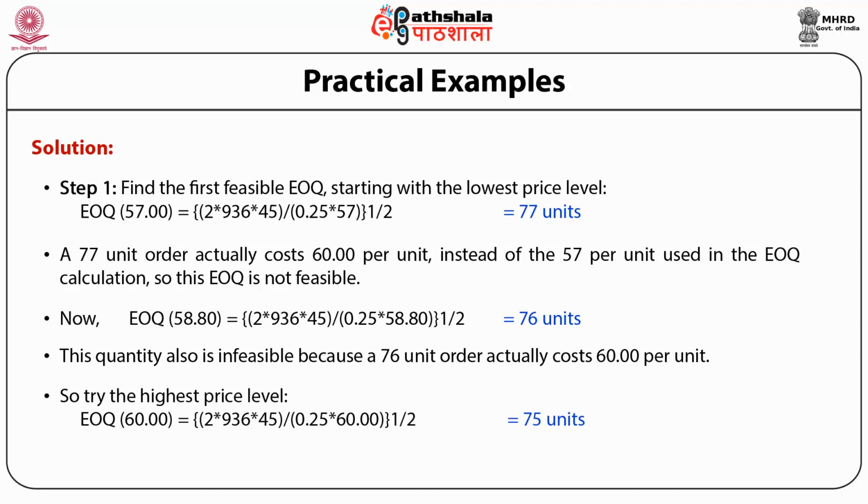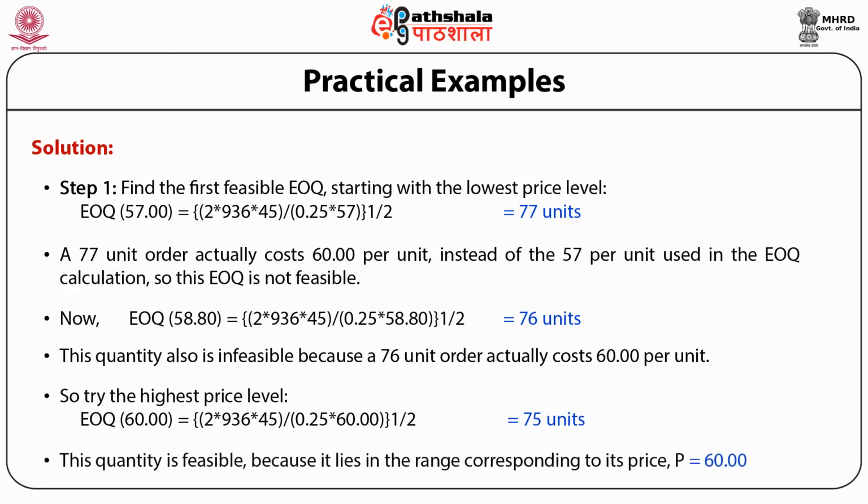EOQ at 60 equals the root of 2DS upon H, which is the root of 2 into 936 into 45 divided by 0.25 into 60, and that equals 75 units. This quantity is feasible because it lies in the range corresponding to its price P equal to 60.